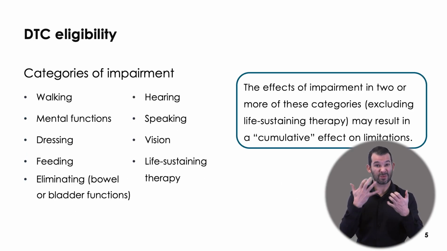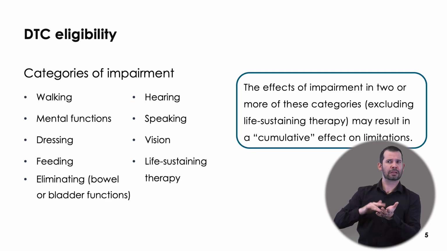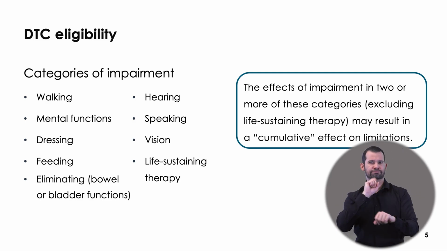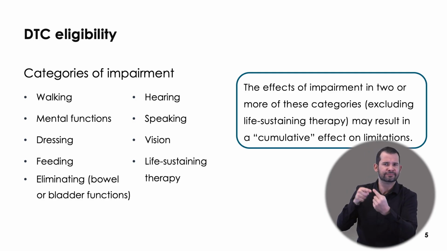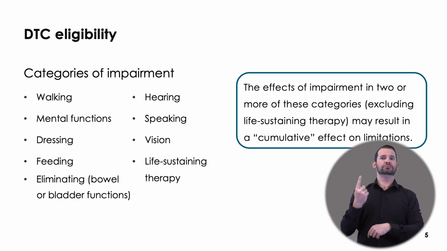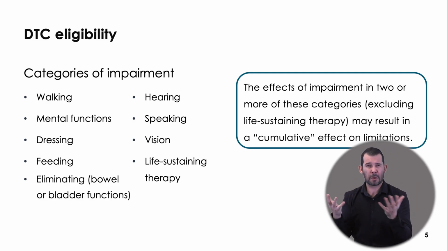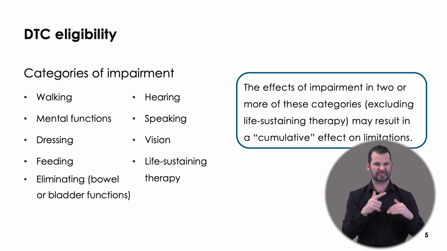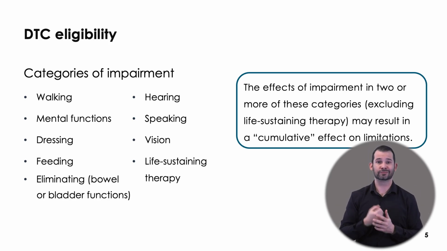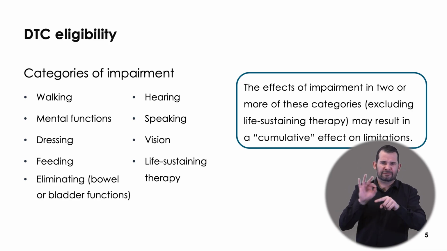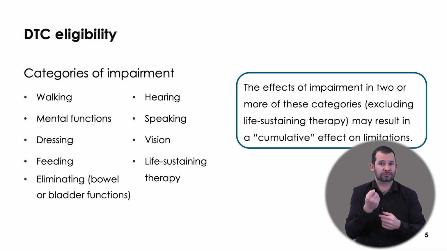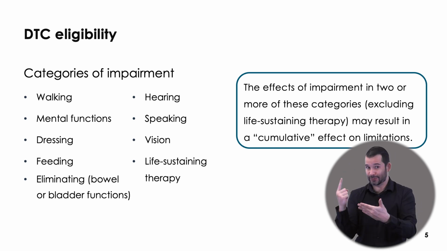To be eligible for the DTC, a medical practitioner must certify that you have a severe and prolonged impairment substantially all of the time in one or more of these categories, have significant limitations in two or more categories, or receive life-sustaining therapy to support a vital function at least twice a week and for 14 hours a week.